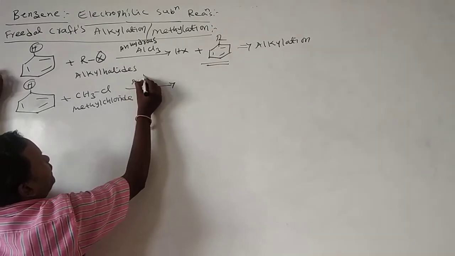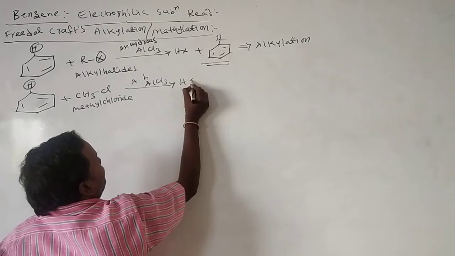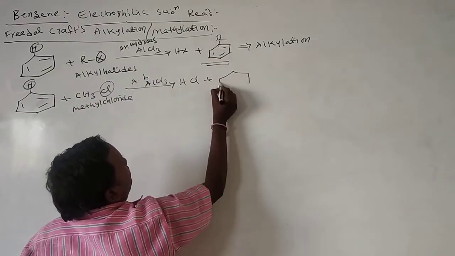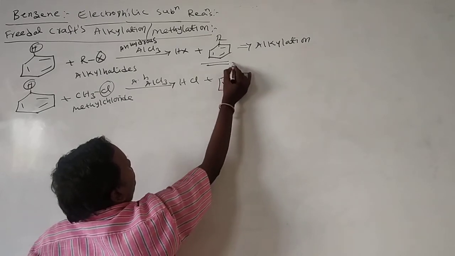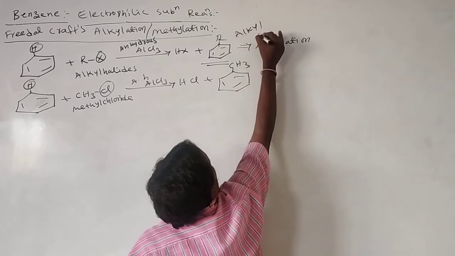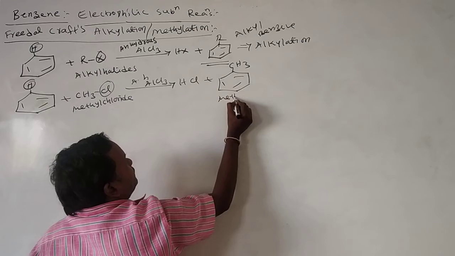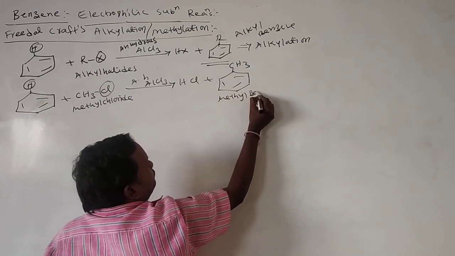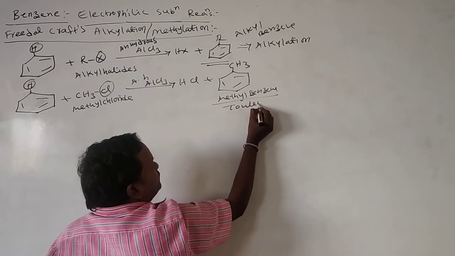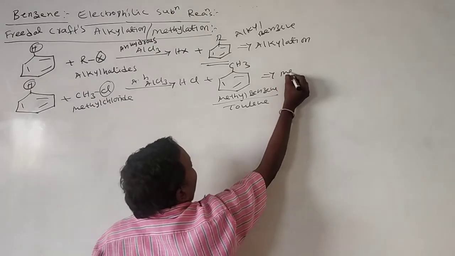Specifically, with anhydrous aluminium trichloride, it releases hydrochloric acid, Cl and H, and forms methyl benzene. This we call alkyl benzene, and this is methyl benzene, also called toluene. This we call methylation.